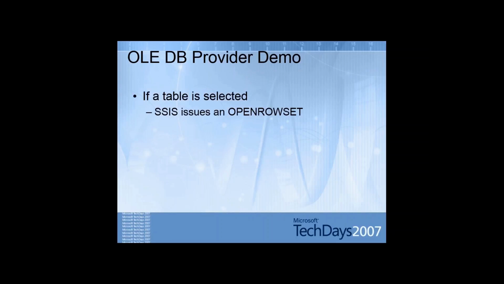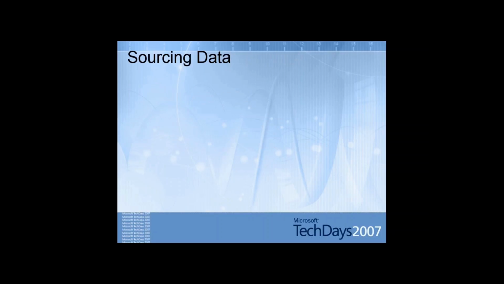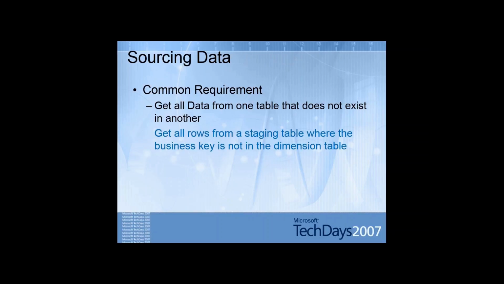If a table is selected, SSIS issues an open rowset. If a SQL statement is used, SSIS issues sp_executesql. Like that, sourcing data: how to use the source data, what the common requirement is. Get all data from one table that does not exist in another; get all rows from a staging table where the business key is not in the dimension table.